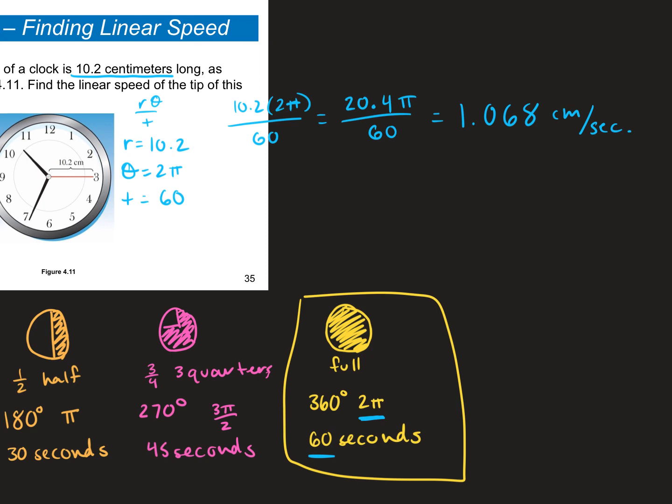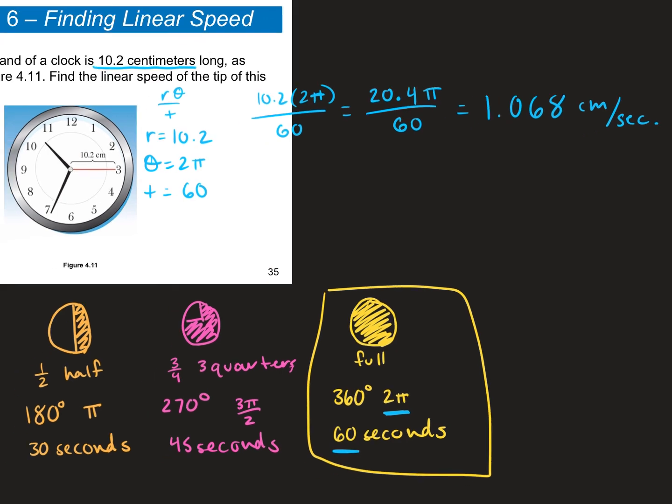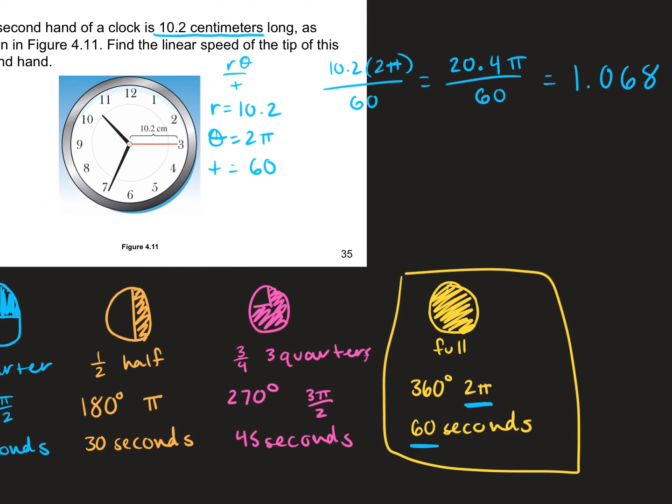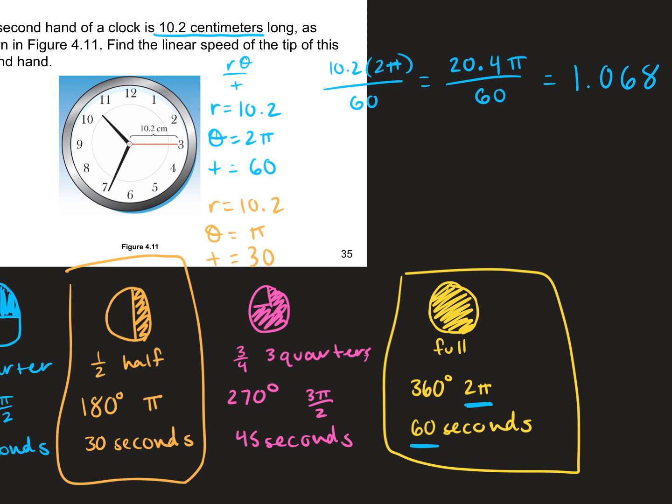Let's try half. Let's say this said half a revolution around the clock. My radius would still be 10.2. What would my theta be now if I had half? Just pi. And what's the time? 30 seconds.